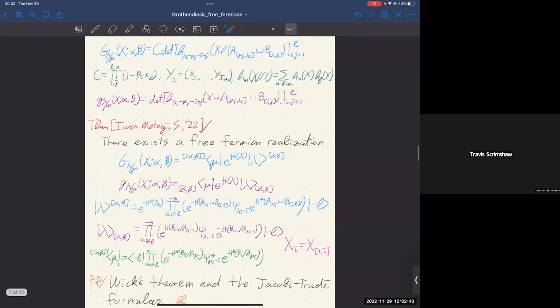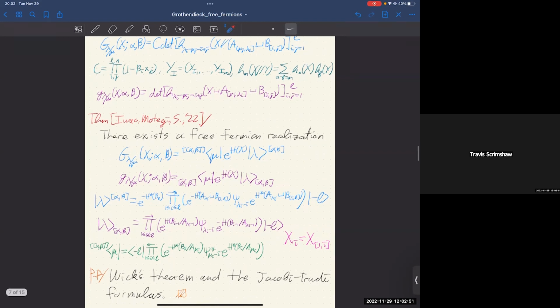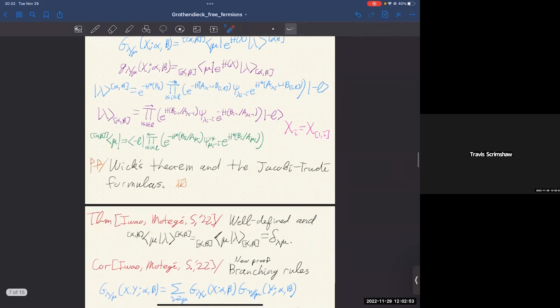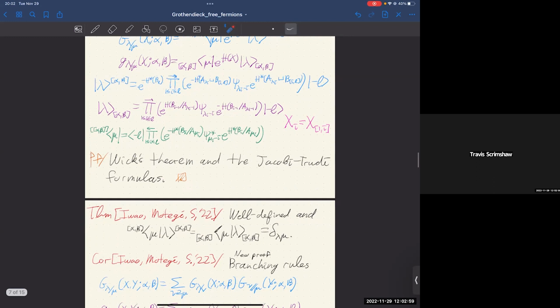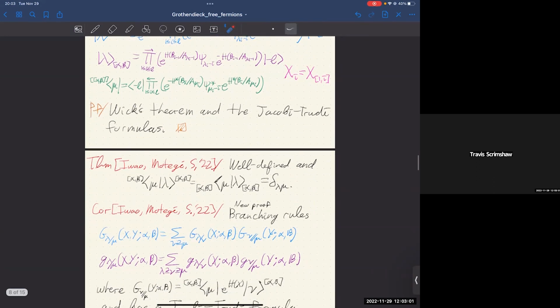Any other questions? All right. So now that we have these vectors, we want to know about their orthogonality.